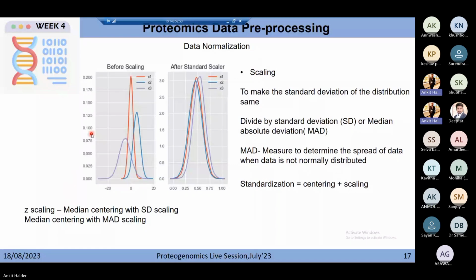So what is scaling? As you can see, this distribution has a different standard deviation. It is more widespread, while the other is narrower. All these things can happen in real data sets when different samples are run. For example, after you run one sample, your column got choked, and then you injected your sample again.